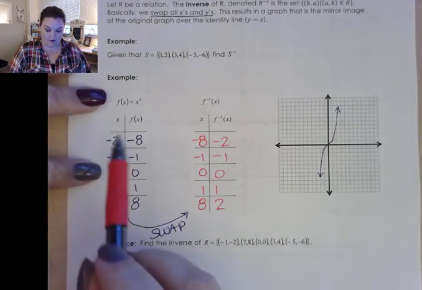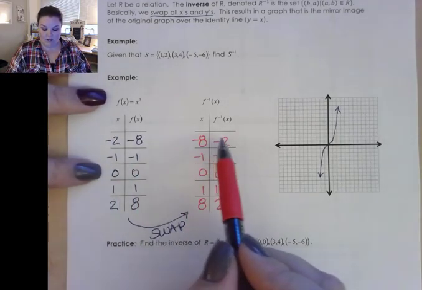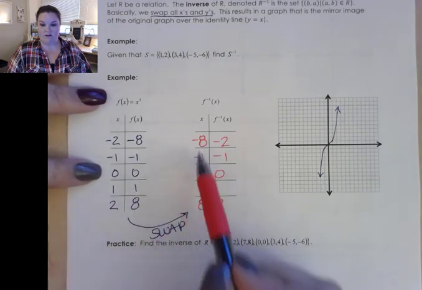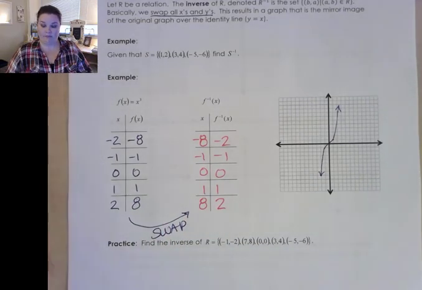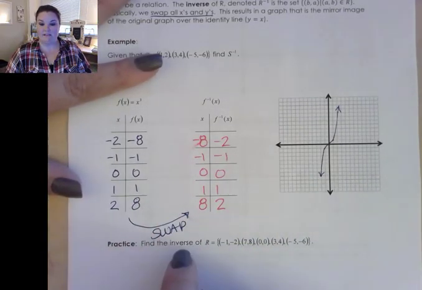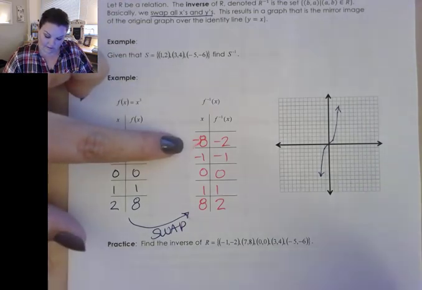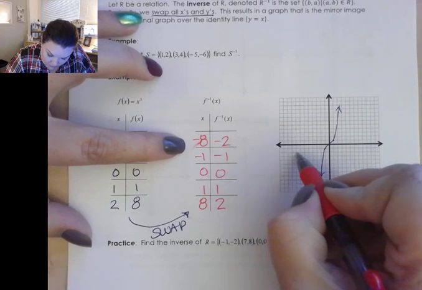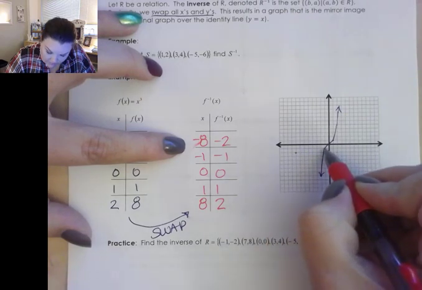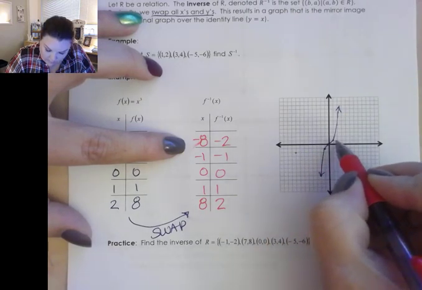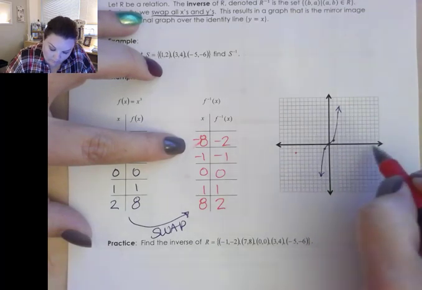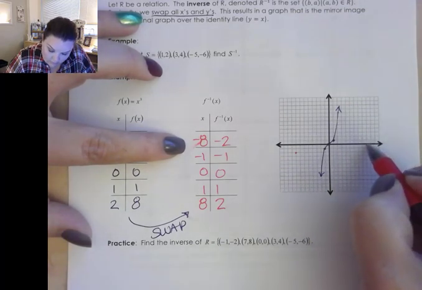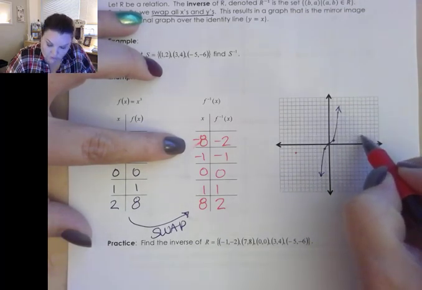So all I did was make all the x's my y's, and all of my y's are now my x's. So I just swapped them, okay? So now I want to regraph this and see what it looks like. So at -8, I'm down at -2. At -1, I'm at -1. At 0, I'm at 0. At 1, I'm up at 1. And at 8, I'm up at 2.